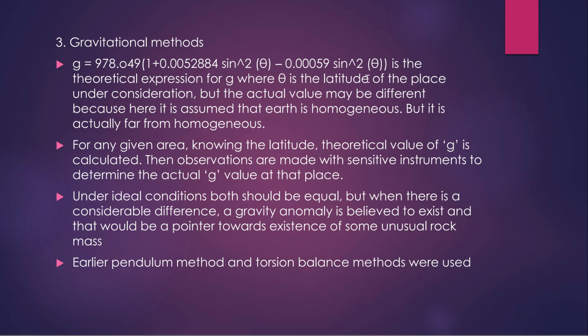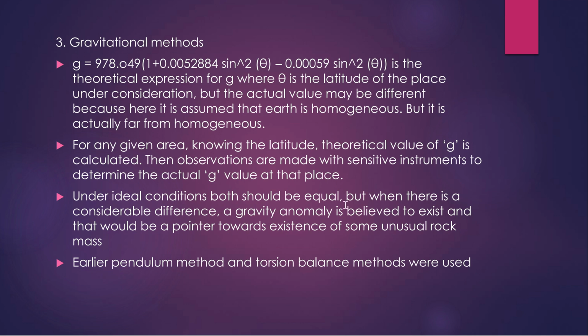Then observations are made with sensitive instruments to determine the actual G value at that place. So for any area, we have to find the theoretical value of G and the actual value of G. The theoretical value is obtained using this expression, and the actual value is obtained using sensitive instruments. Under ideal conditions, both should be equal.